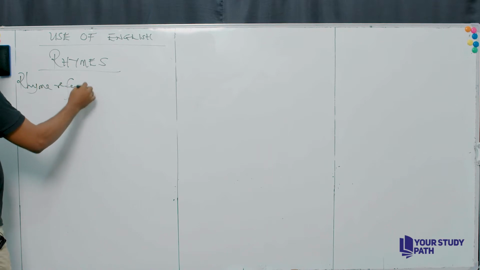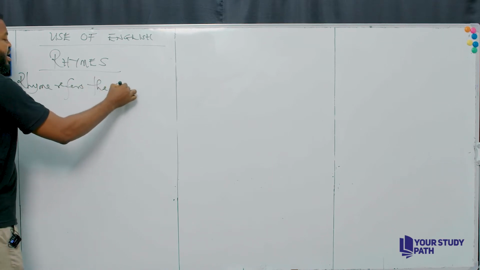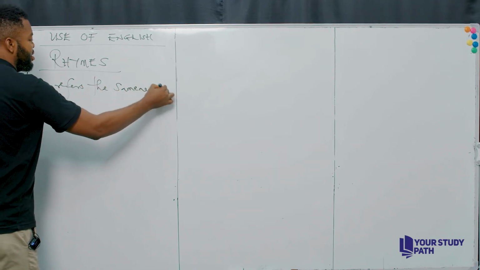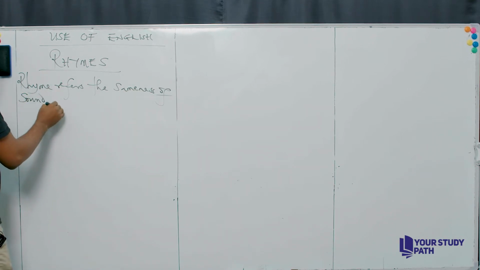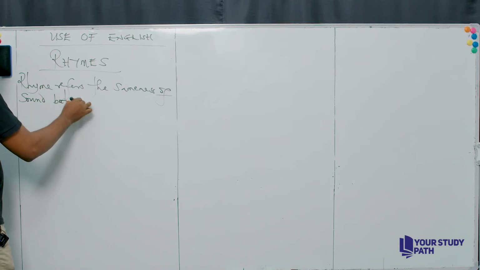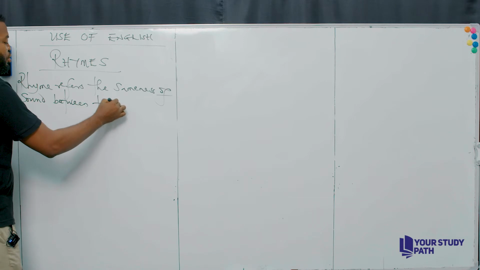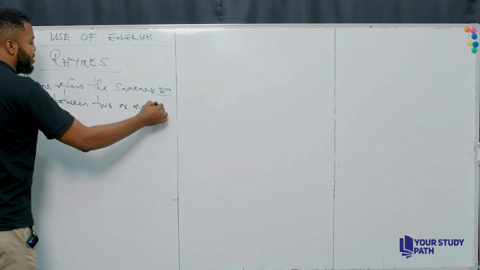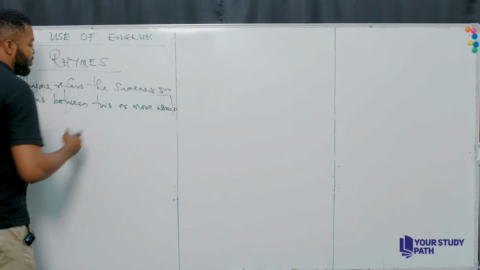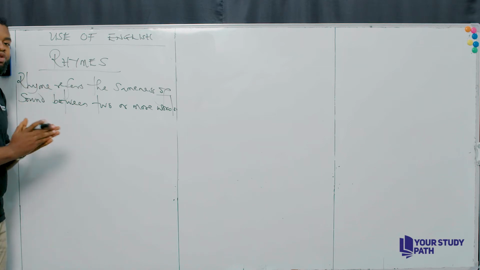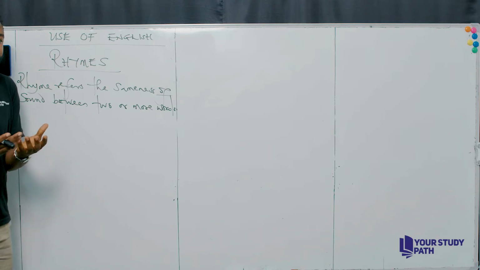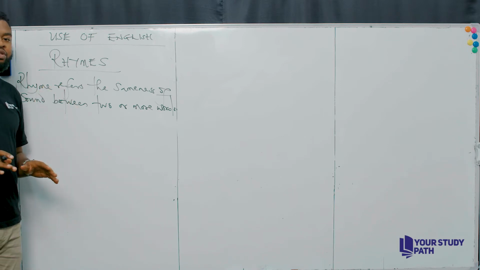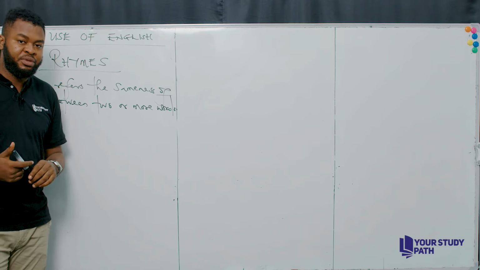Rhyme refers to the sameness of sound between two or more words. Okay, so when you talk about rhymes, you're simply saying that two or more words depict the same sound. They depict exact sounds.